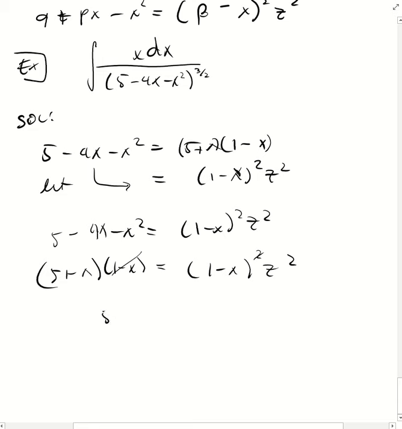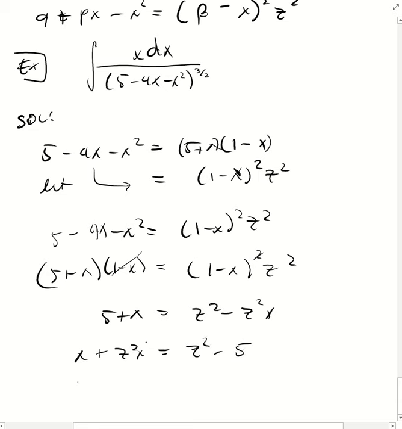Then the remaining will be 5 plus x equals, you can distribute that, z squared minus z squared times x. Then the z squared x will become positive here. Then I'll put the 5 at the other side, so this will be z squared minus 5.